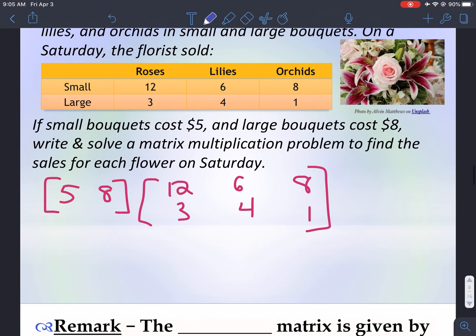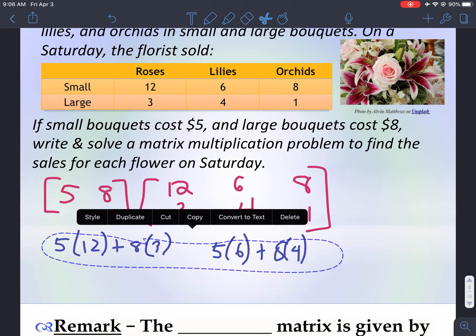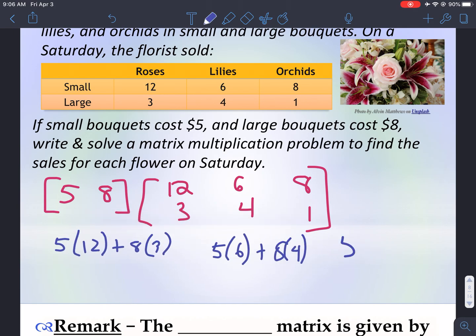Let's go ahead and multiply it. 5 times 12 plus 8 times 3. And then the next one, 5 times 6 plus 8 times 4. And then the last one, 5 times 8 plus 8 times 1.